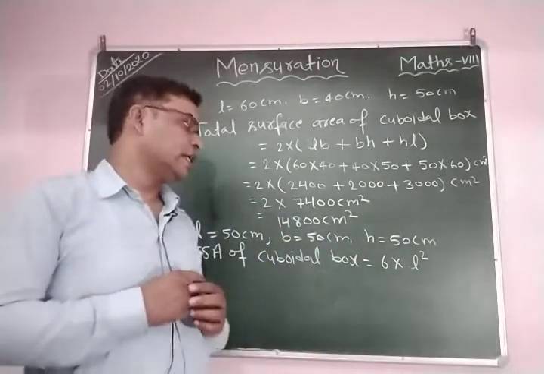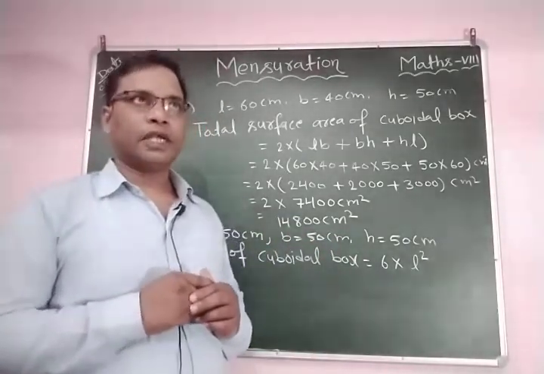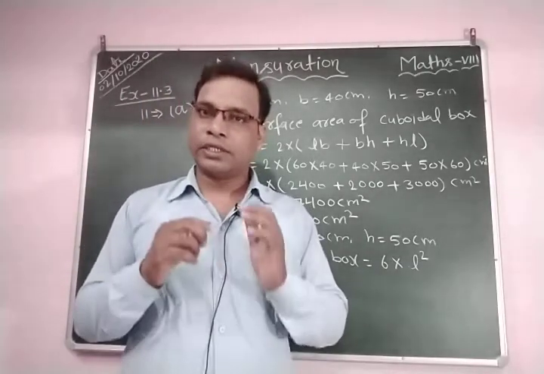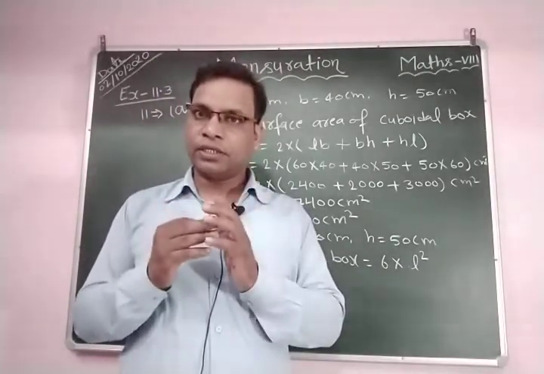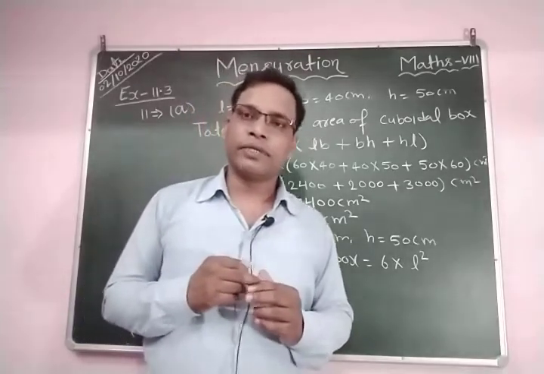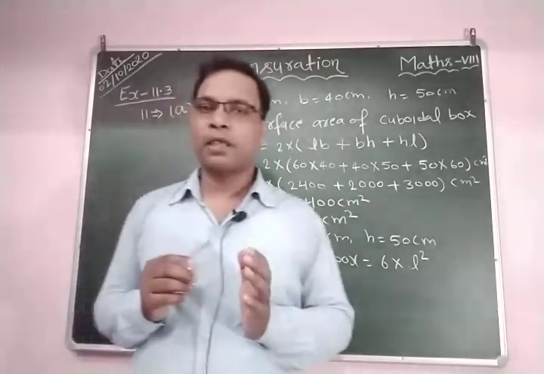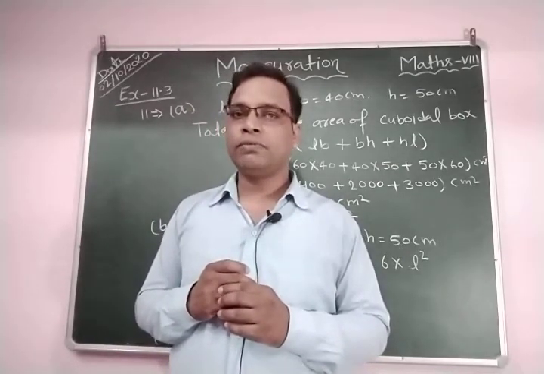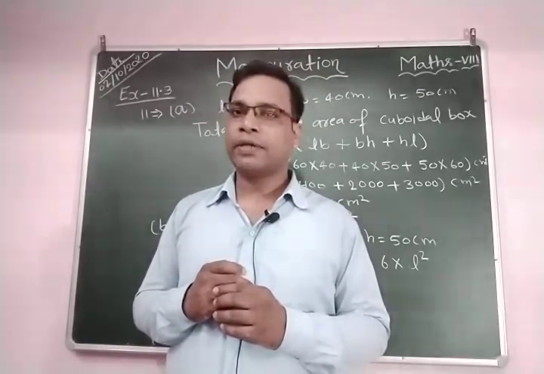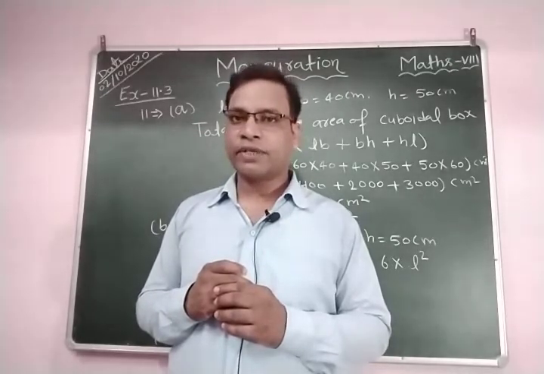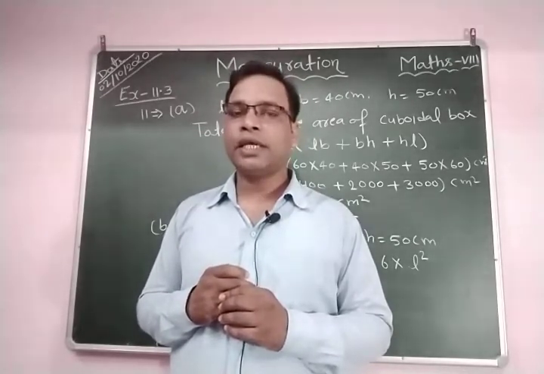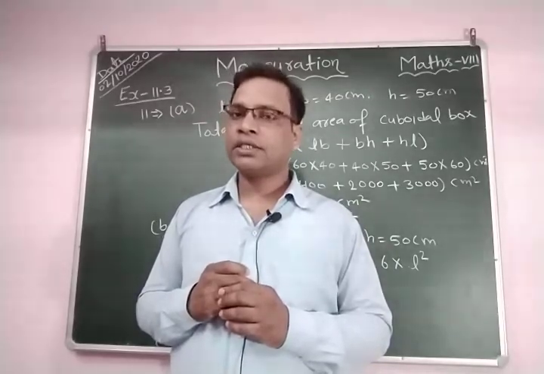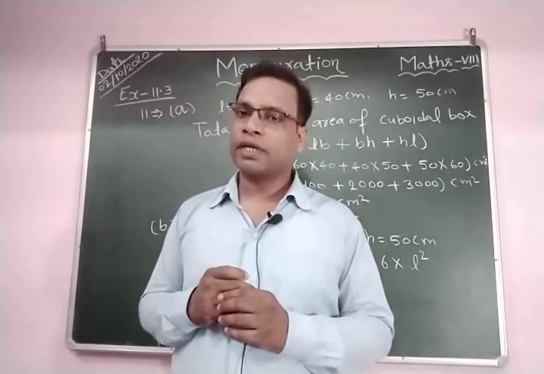Okay, so the TSA, total surface area, of a cube is equal to 6 into the square of side. Okay, because in a cube each face is a square face, and the number of faces in a cube is 6. Each face is a square face, so you know very well the area of a square is side into side, or you can say square of side.